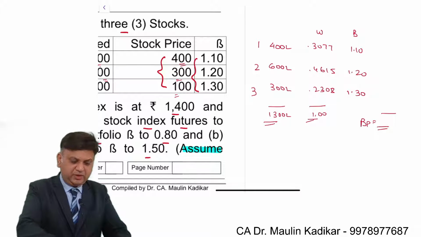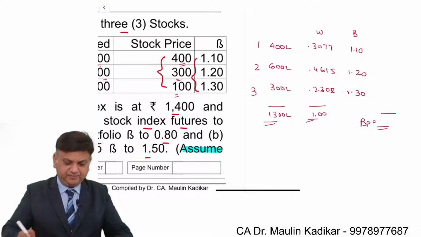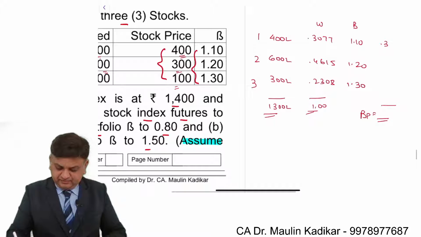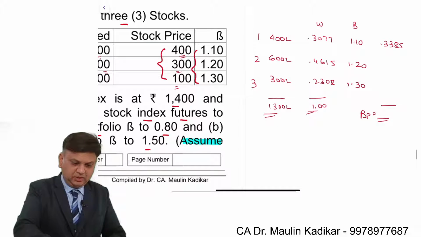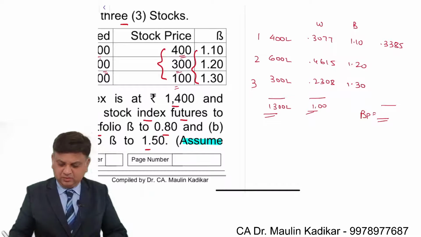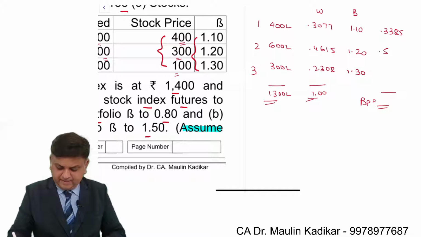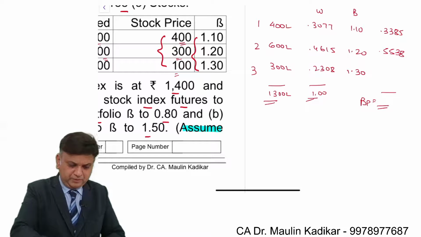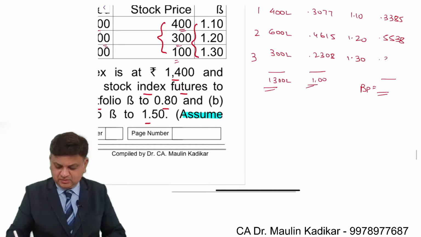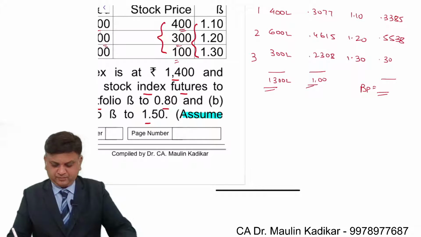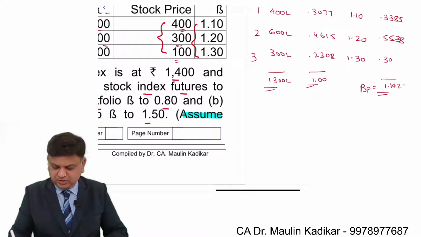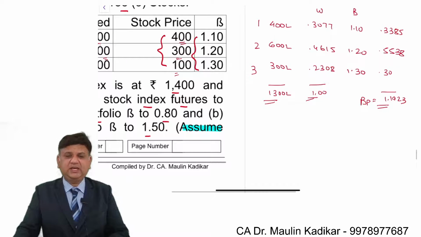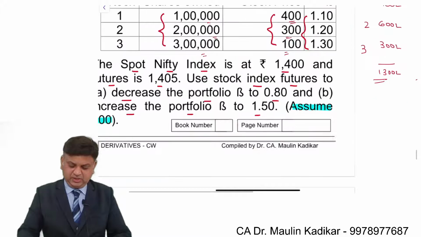So here 0.3077 into 1.1, that comes to 0.3385. 0.4615 into 1.2, that is 0.5538. 0.2308 into 1.30, that is 0.30. So 0.3385, 0.5538, 0.3. So 1.1923. यानी अभी हमारा रिस्क है अप्रॉक्सीमेटली 1.1923.